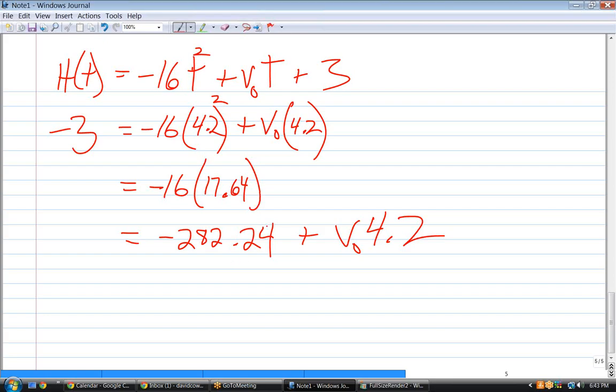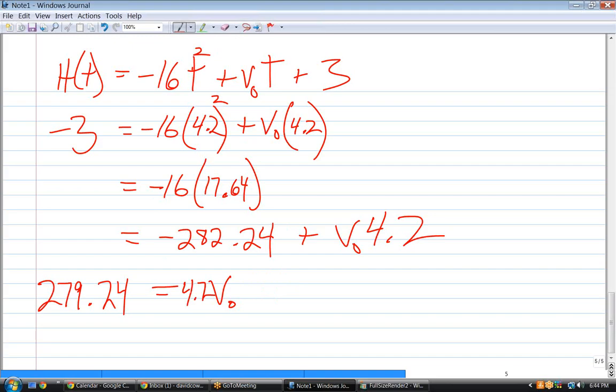Okay, so now what do I do? You add 282.24 minus 3. So that makes it 279.24 on the left side of the equation. On the right side of the equation, I have v sub 0 times 4.2. Well, if I write that more typical, I'm going to put the 4.2 in front, correct?